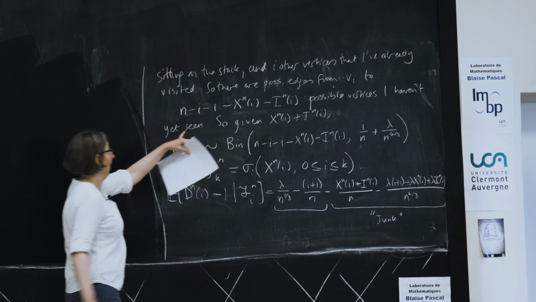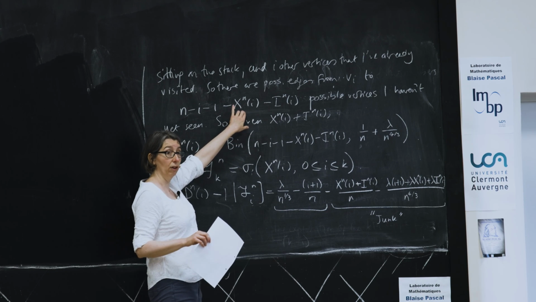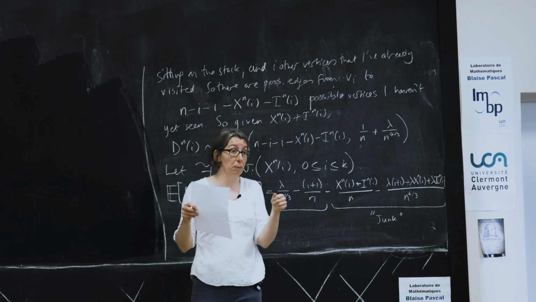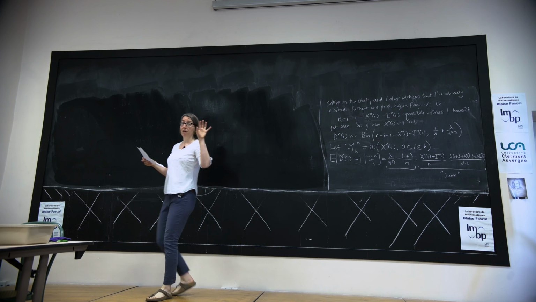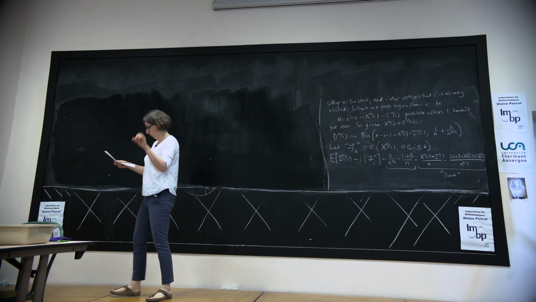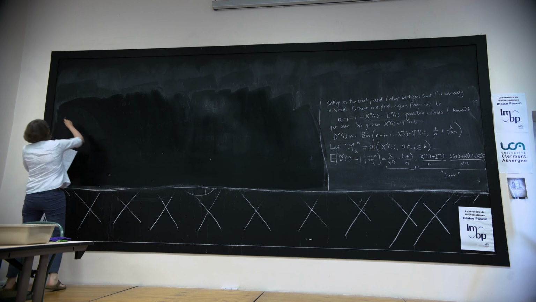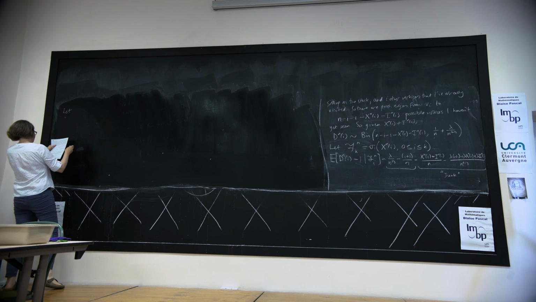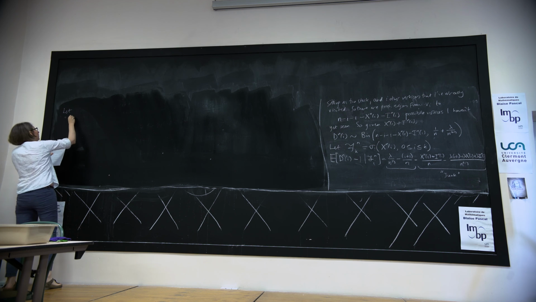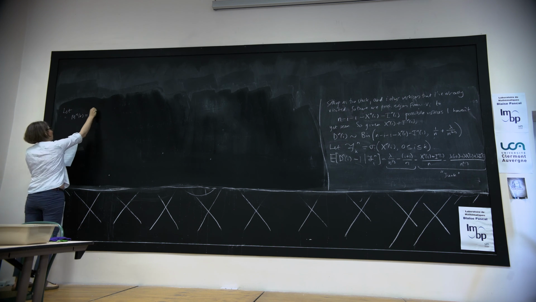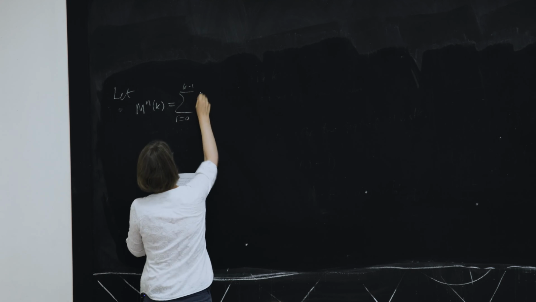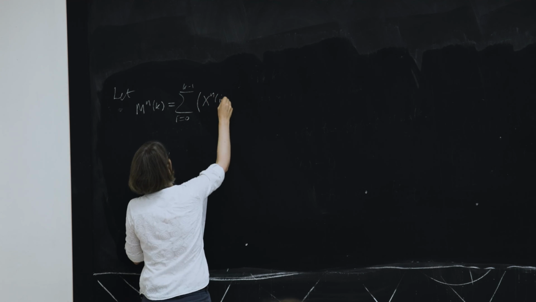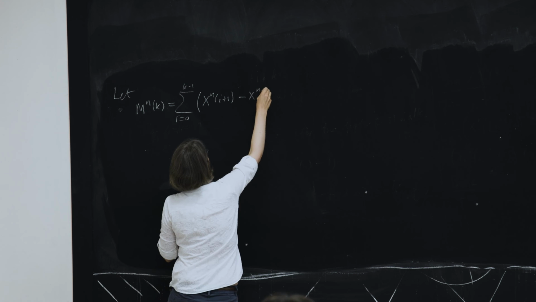So I've got this process x, which I want to try and understand the scaling of. So I'm going to split it up according to its Doob-Meyer decomposition. So I want to split it up into a martingale part and a predictable process. So let M_n of k be the sum from i equals 0 to k minus 1 of X_n(i+1) minus X_n(i).